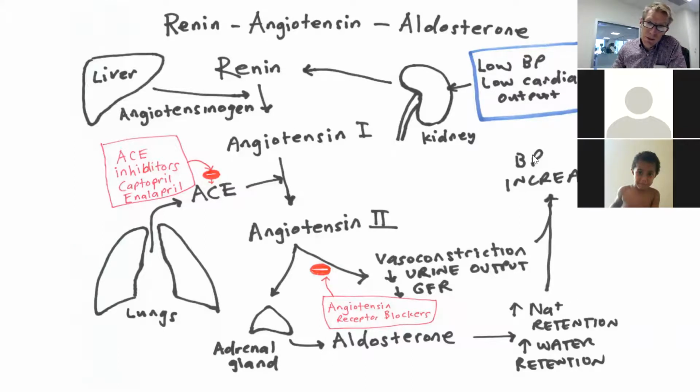And so the circular effect of this is that it starts with low blood pressure or low cardiac output, and then you get an increase in blood pressure because of angiotensin 2 and salt and water retention and vasoconstriction.